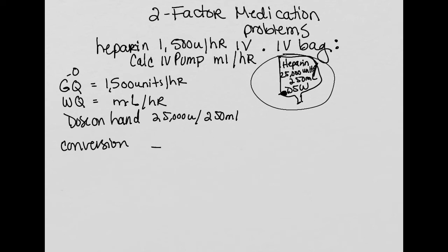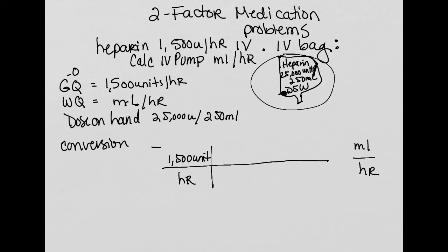So now we need to set this up. Our given quantity is our order, so that's 1,500 units per hour, and our wanted quantity is mLs per hour.